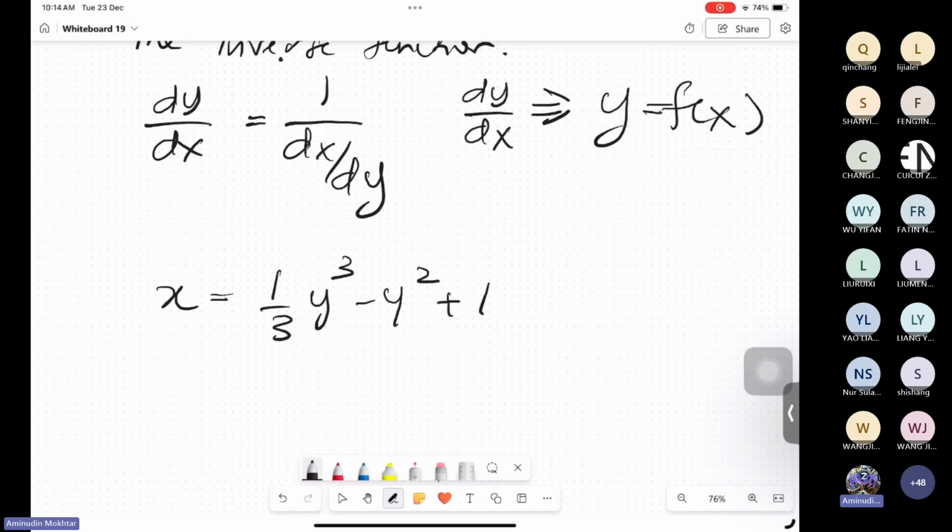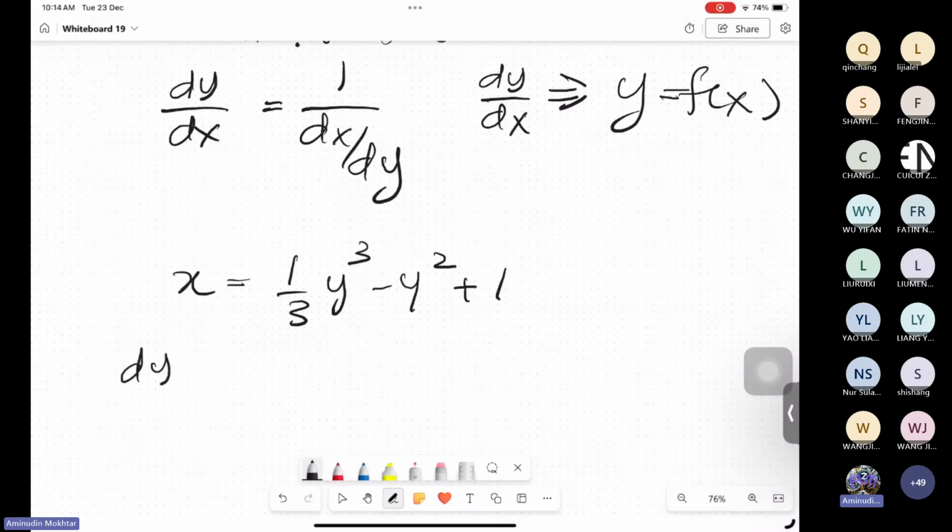Now I have a function of x in terms of y. In this case y is input, x is output. The question is to find dy/dx.